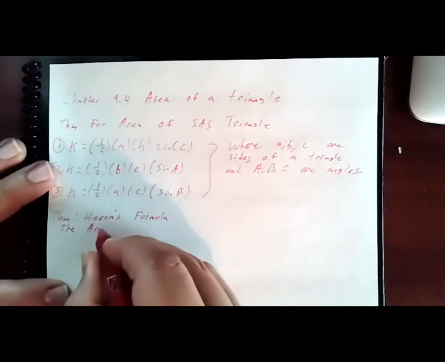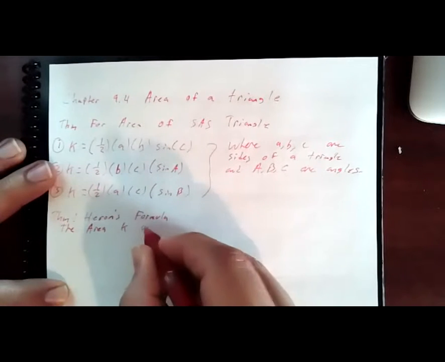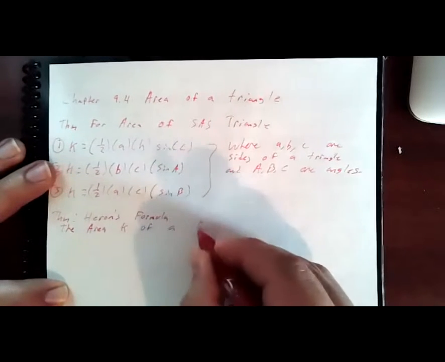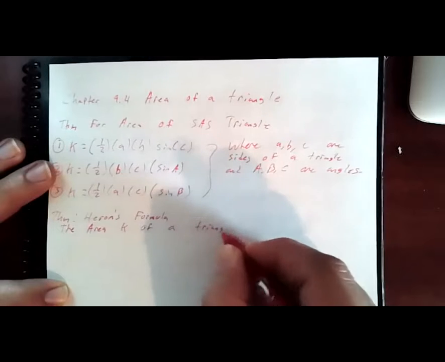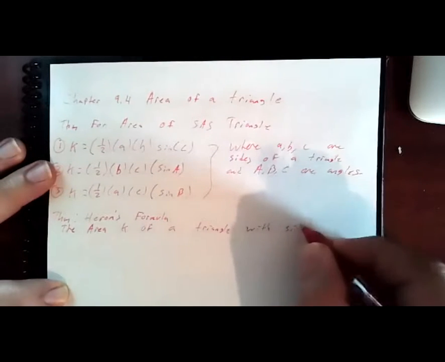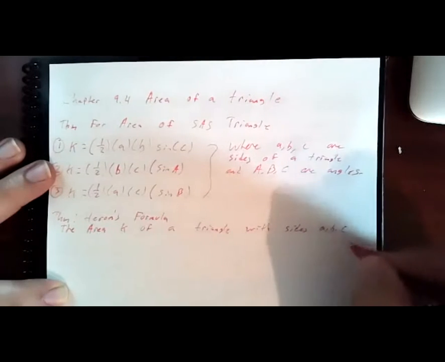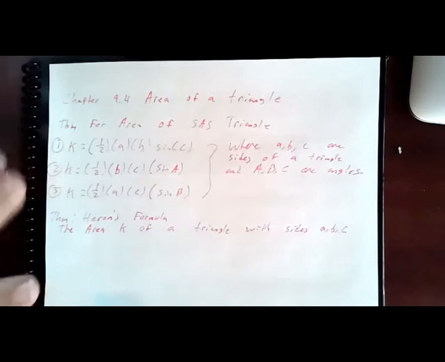So the area K of a triangle with sides A, B, C would be equal to this.